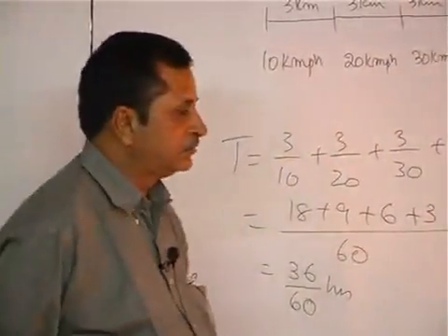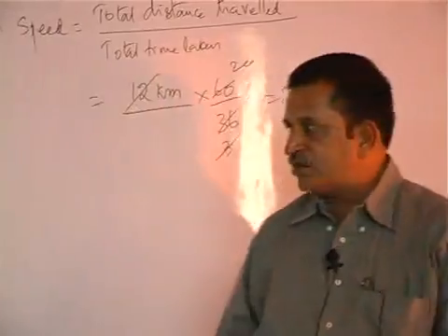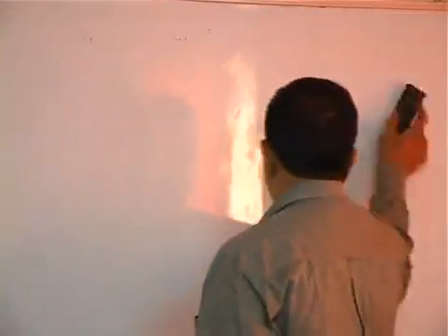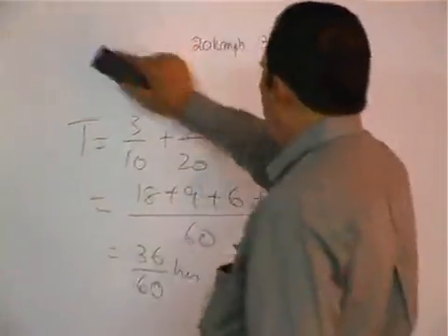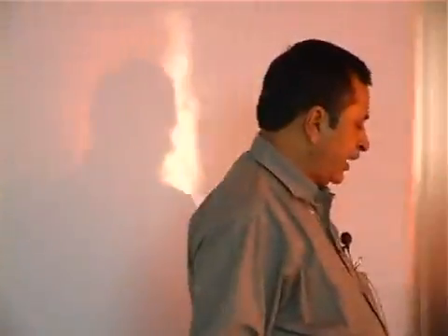Next. Excluding stoppages. This problem also I have seen so many times. Excluding stoppages, a train travels with a speed of 90 kmph.